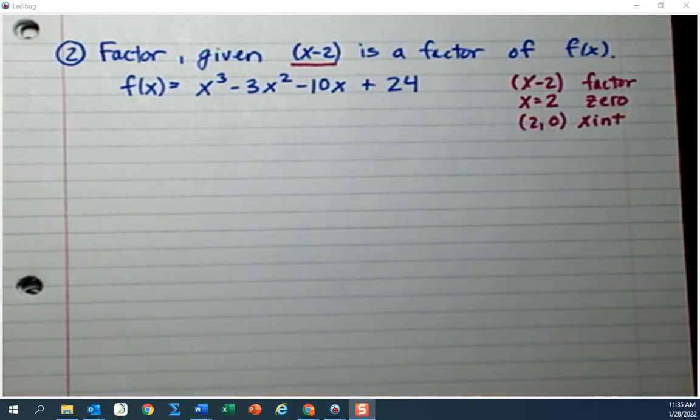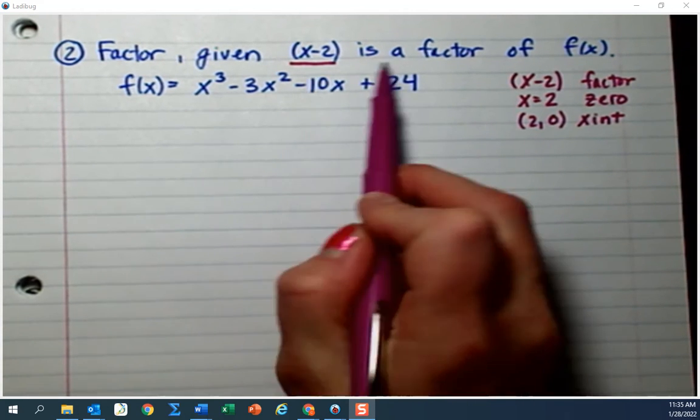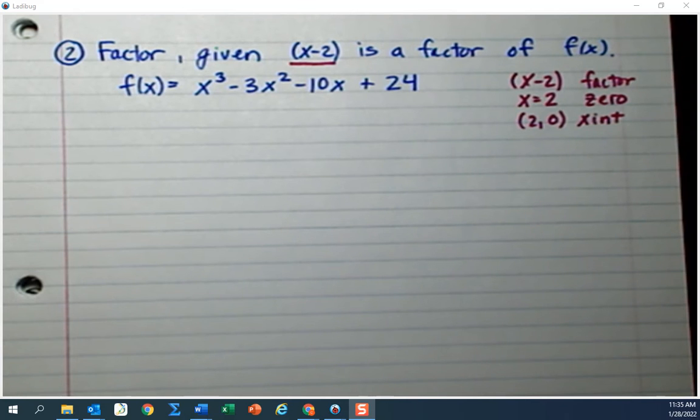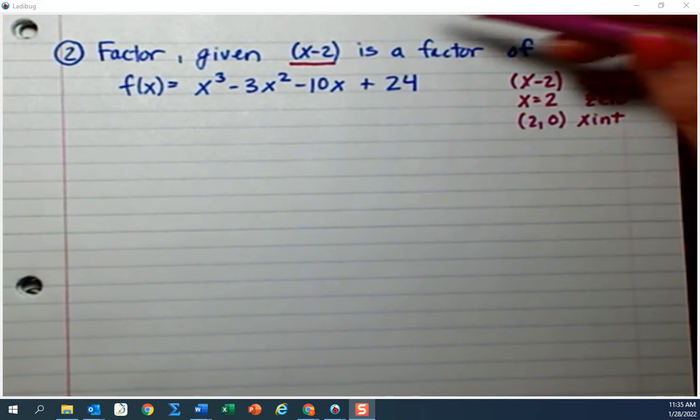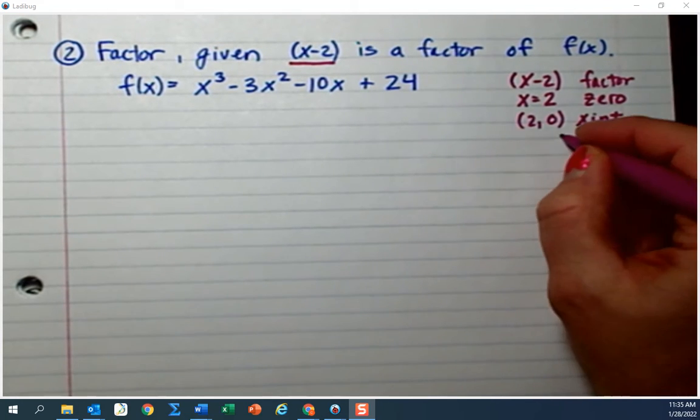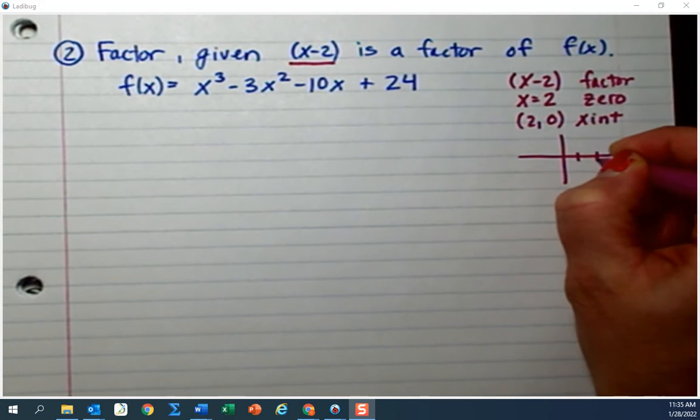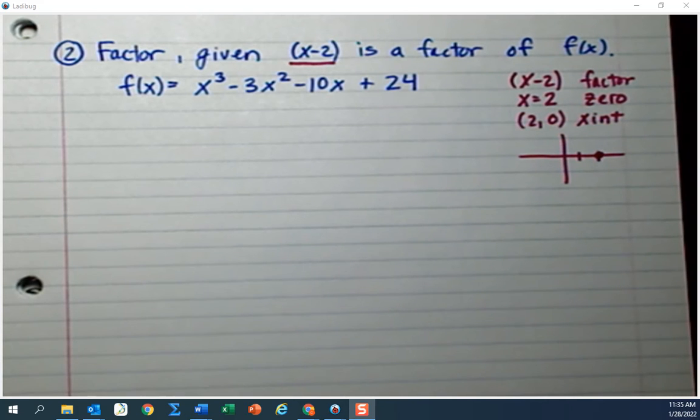At some point in math, you have to take the information that's given to you and recall everything else that goes with it. I'm not sure which of these I'm going to use, but I do need to be able to recall everything that goes with it. So if I know a factor, I know all of these things. And I also know it's actually a point on a graph, just like this.